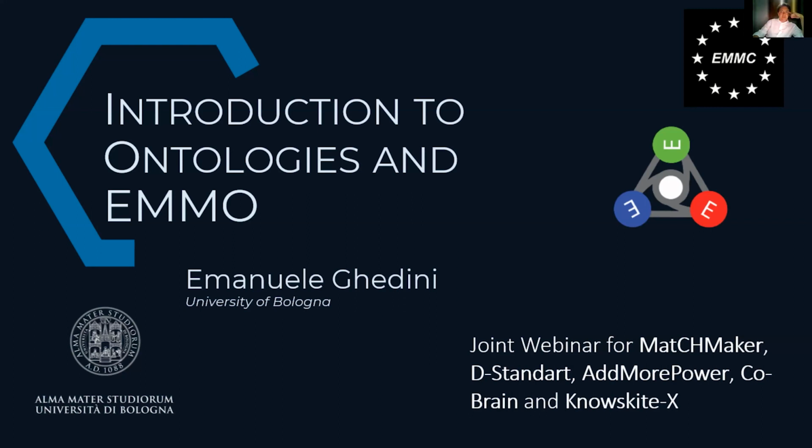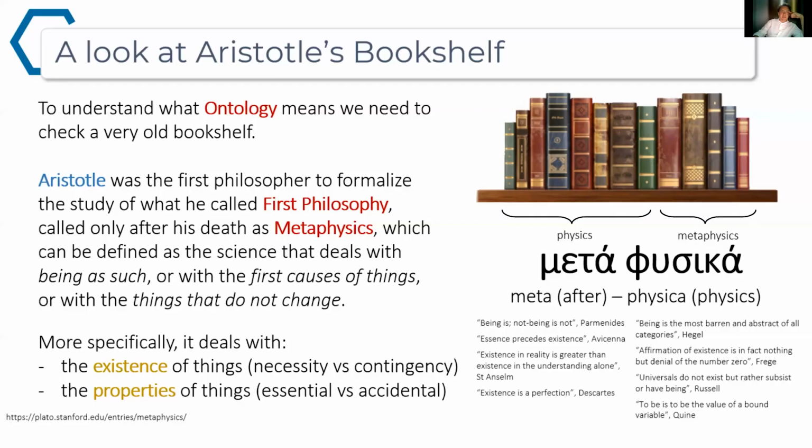So let's start from the very beginning. So what is an ontology? The first to speak about ontology was Aristotle, who in his Metaphysics book, so the books that are placed in the shelf after physics, started to debate about things in terms of their fundamental nature, in particular the existence and the properties of things.